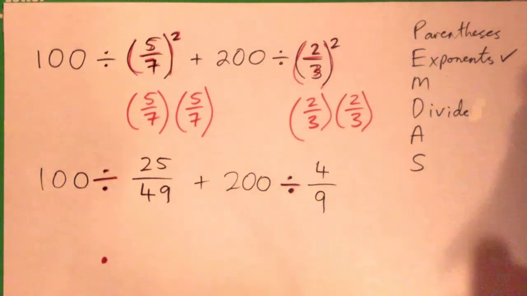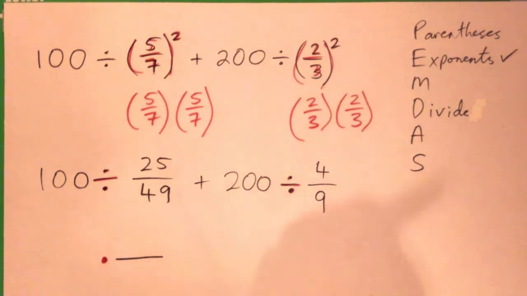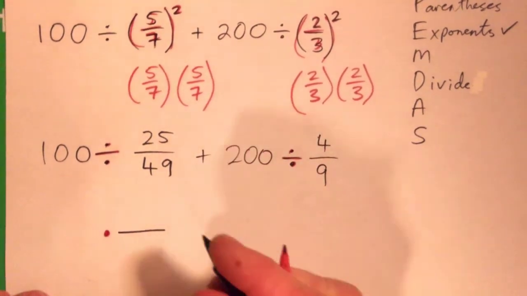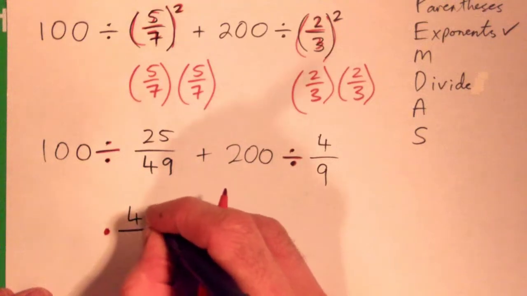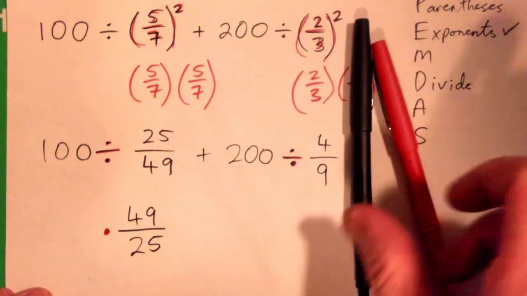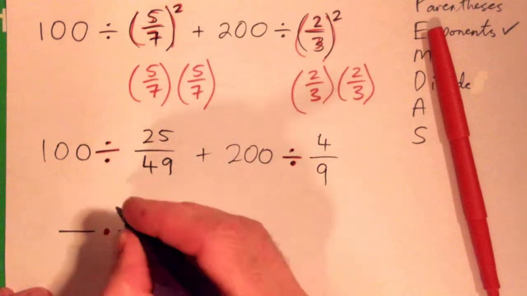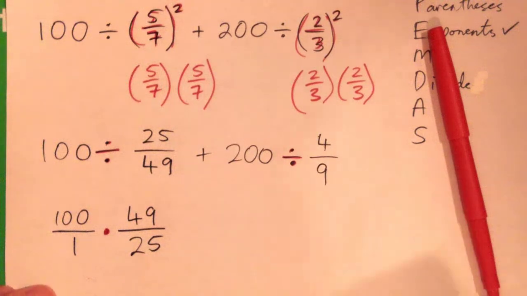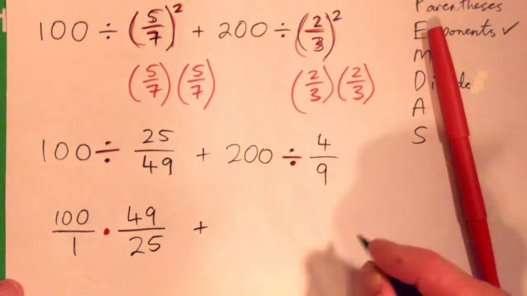Multiply by the reciprocal. Flip that fraction around, multiply by 49 over 25. Good job. And write the 100 as a fraction, 100 over 1.